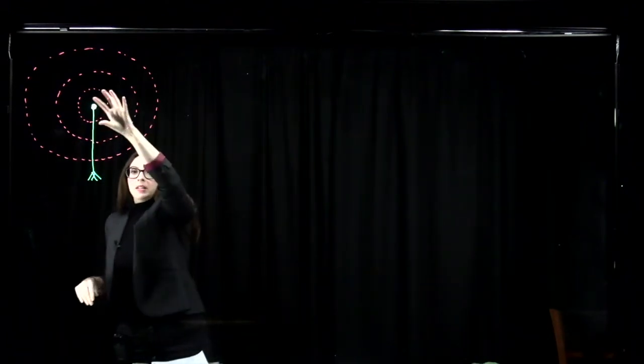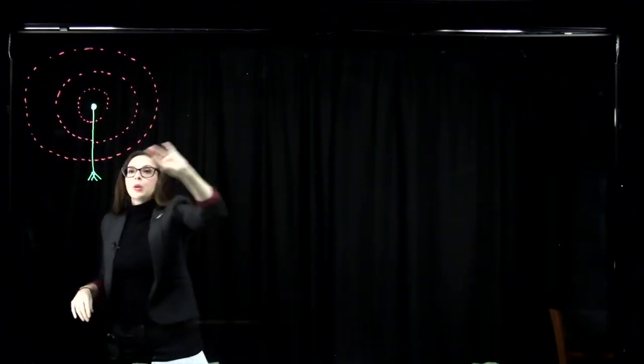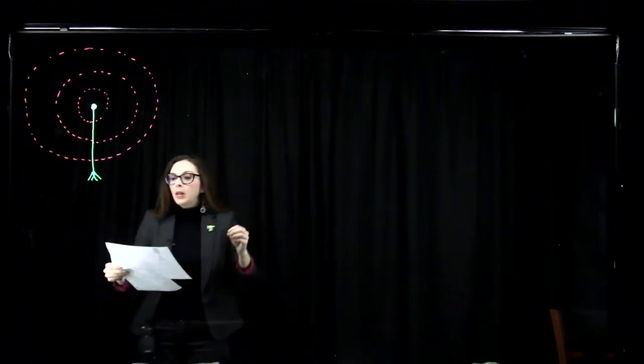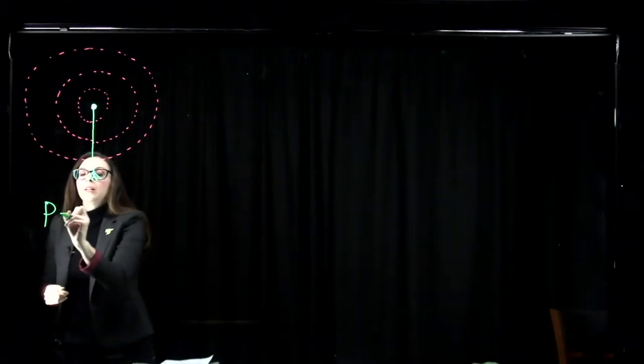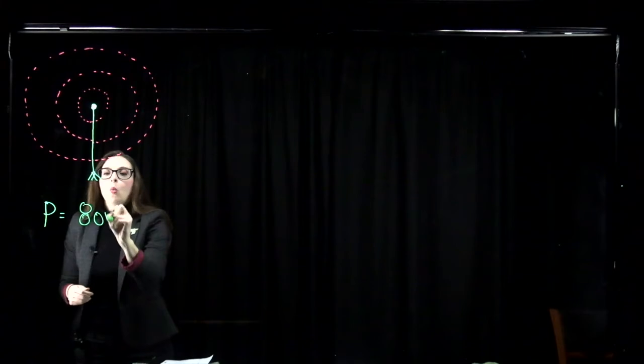So it's going to emit these sound waves away from itself in these concentric spheres. Each one of these spheres we call a wave front, and that represents a compression of air. This small sound source emits sound waves with a power output of 80 watts.